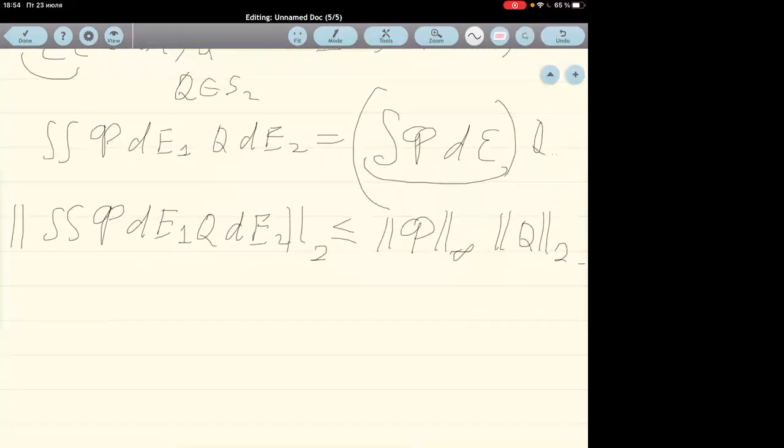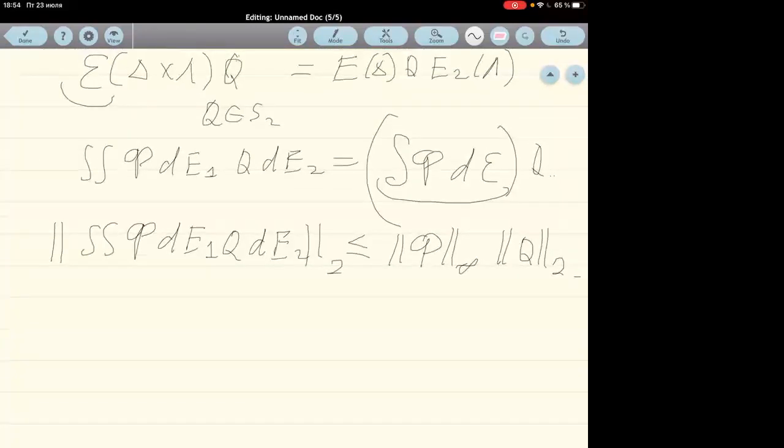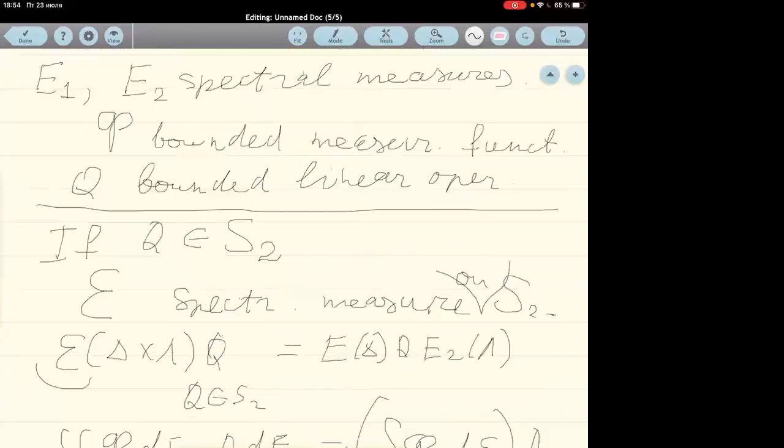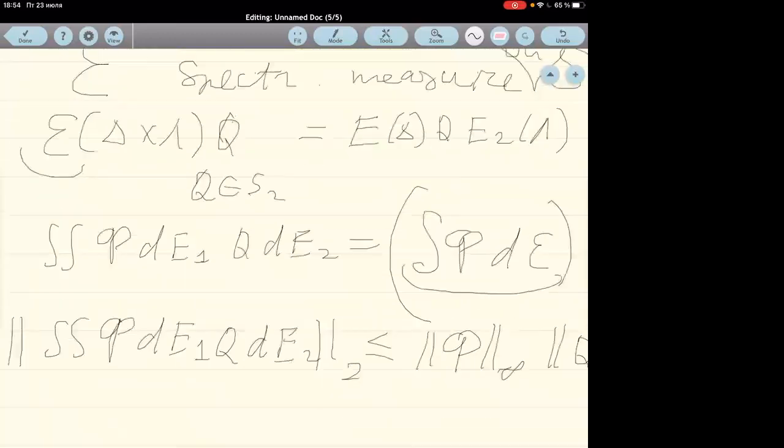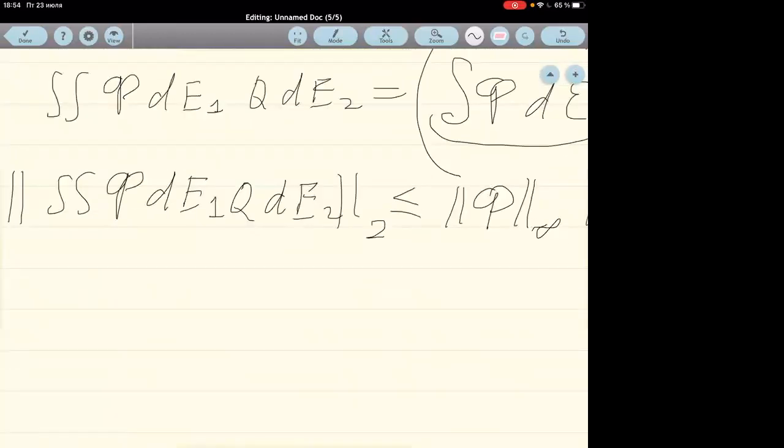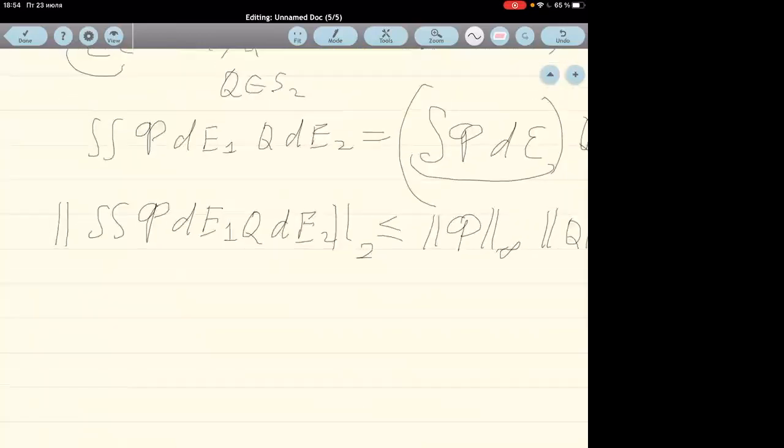What happens if Q is an arbitrary bounded linear operator? In this case, we cannot define such double operator integrals for arbitrary bounded measurable functions phi. We have to impose additional assumptions on phi.